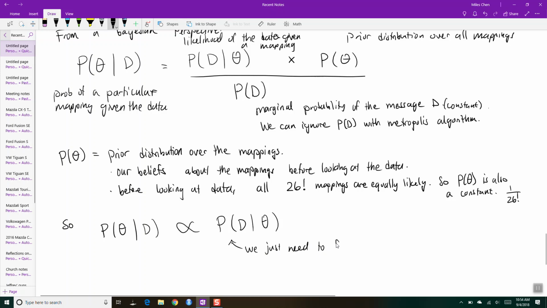We just need to find this, and then we can try to sample the probability of theta given the data. All right, is this okay? So the probability of the data given a mapping theta. Okay. Are there any questions on this?